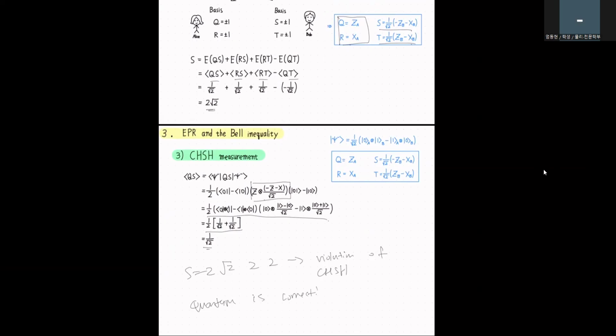And this experimental implementation was actually awarded the Nobel Prize. So it has been experimentally verified that Bell's inequality is violated and that quantum theory gives the correct value of S, not classical hidden variable theory. So we can rest easy tonight knowing that quantum theory is correct.